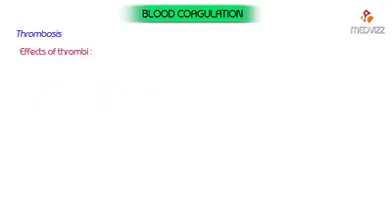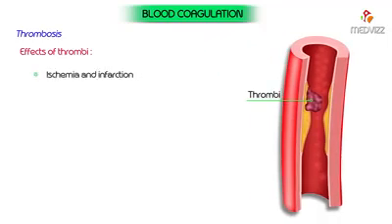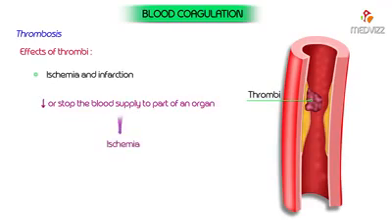Effects of thrombi. Intravascular thrombi may cause variable effects depending upon the size and site. Thrombi cause harmful effects by one of the following mechanisms: ischemia and infarction. Thrombi may decrease or stop the blood supply to part of an organ and cause ischemia, which may subsequently result in infarction.